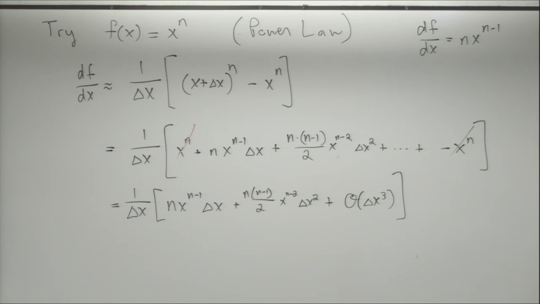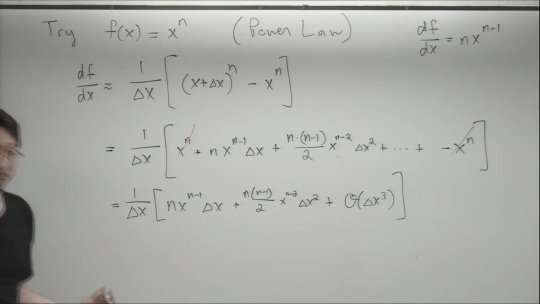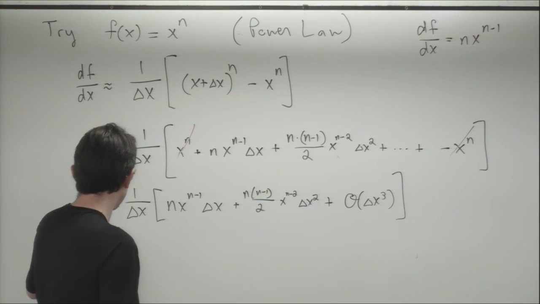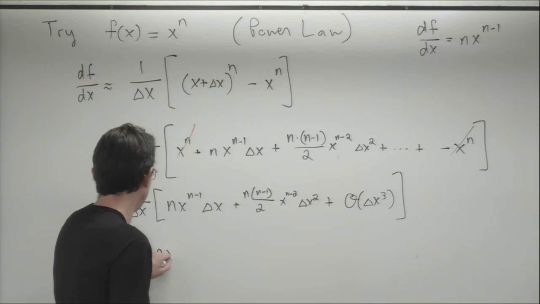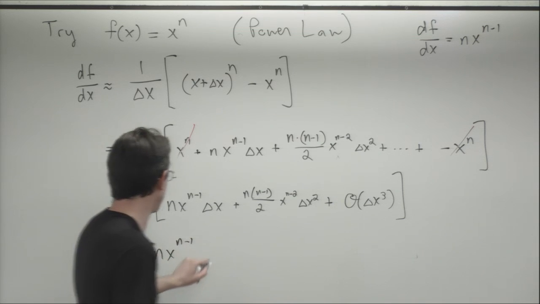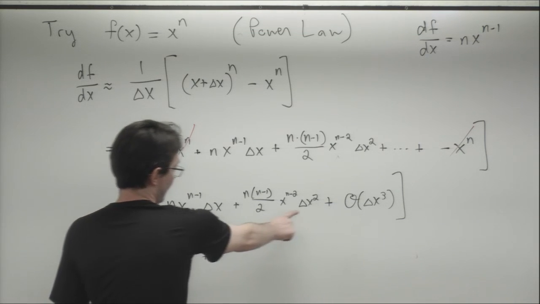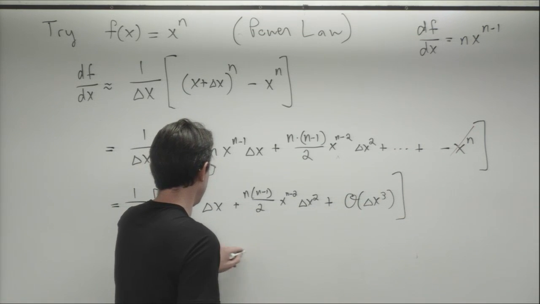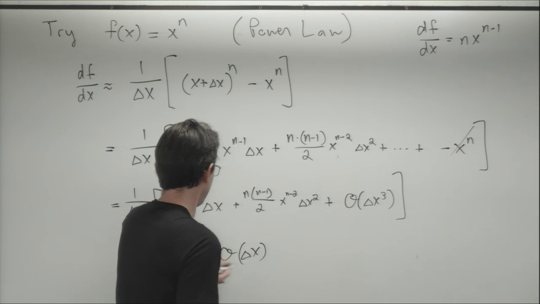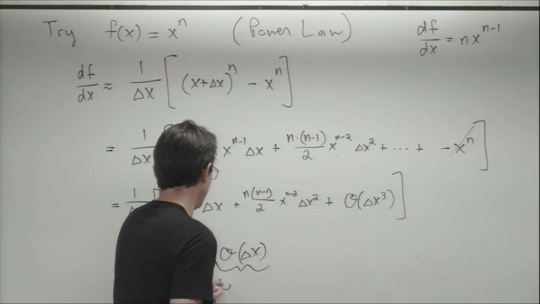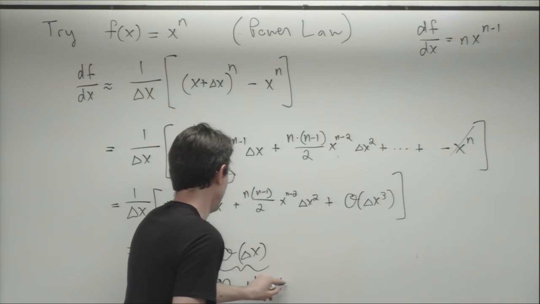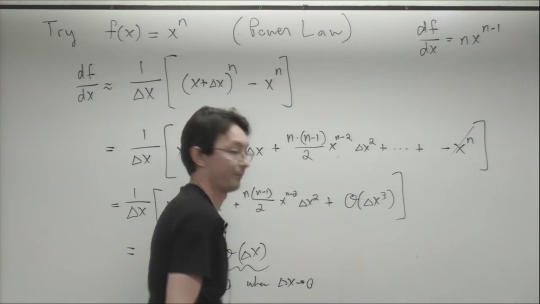Okay? And now what I'm finally going to do is divide out my delta x and take the limit as delta x goes to 0. So we have n x^(n-1) plus a bunch of stuff that's order delta x, and this goes to 0 when delta x goes to 0.